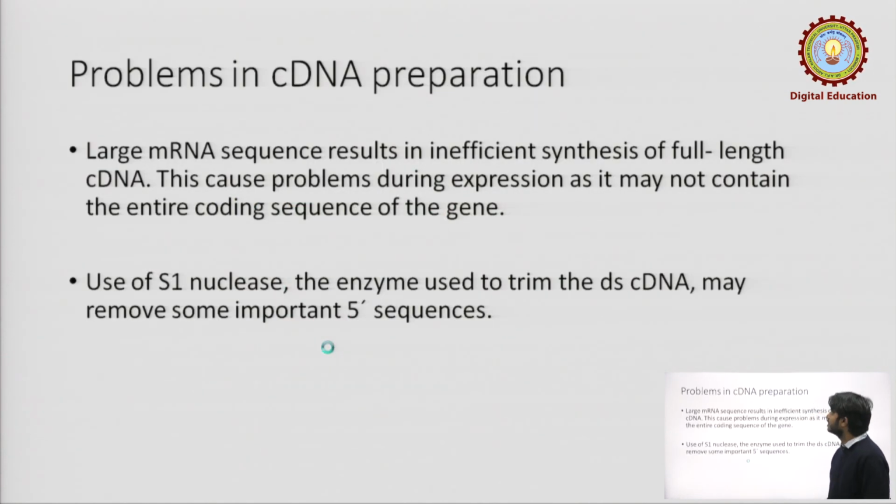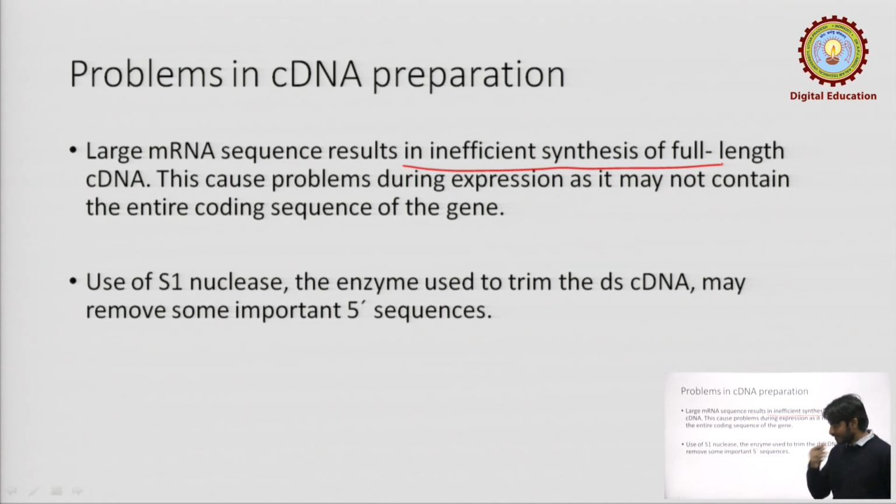So what is the problem with cDNA preparation? There are a lot of problems when we create a cDNA library. First of all, a large messenger RNA sequence results in ineffective synthesis of full-length complementary DNA. This causes a problem during expression, as it may not contain the entire coding sequence of the gene.